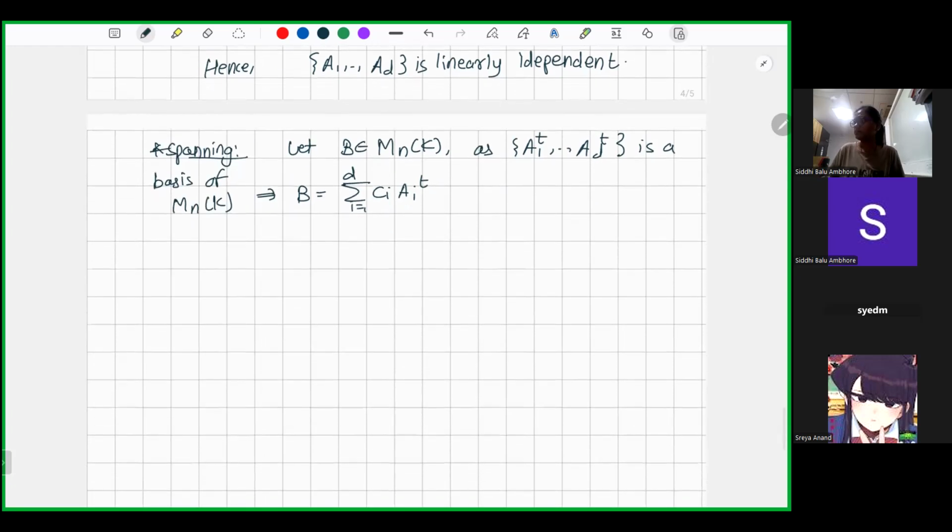And so now taking transpose again, then B transpose will be summation i from 1 to D Ci Ai transpose, that is summation i from 1 to D Ci Ai.